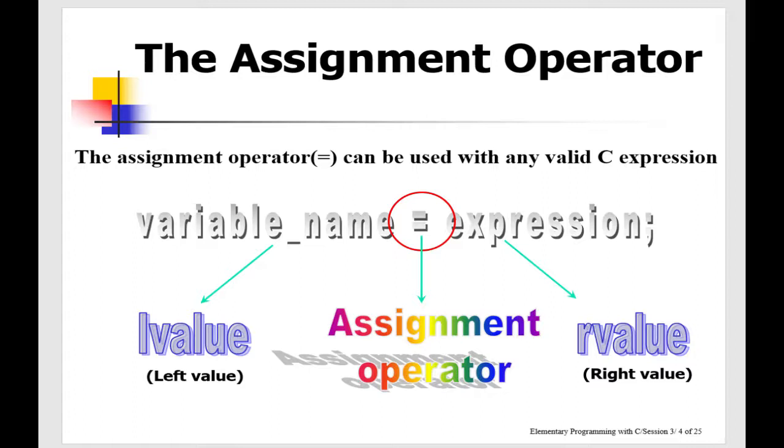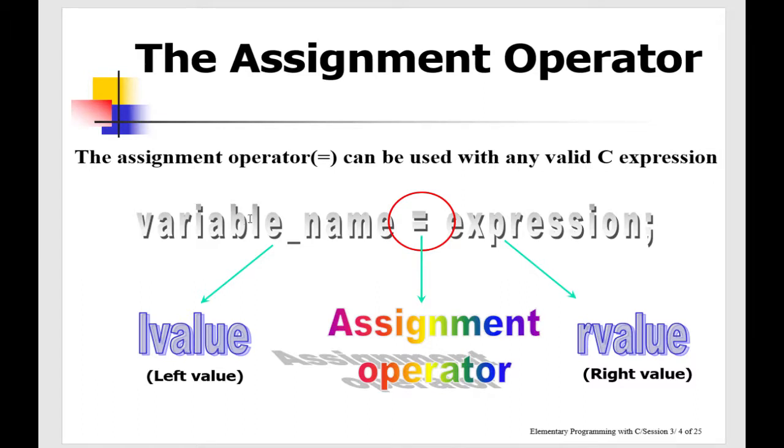We have a variable name, then you assign the value on its right side. So this is the left value, we have the assignment operator, and we have the right value. What usually happens is that we do some calculation on this side, or we can have a literal value, and we assign it to whatever is on the left side.